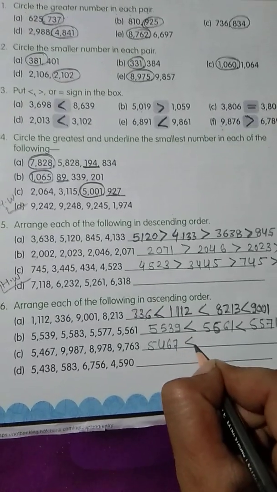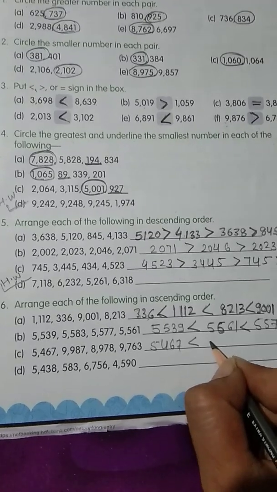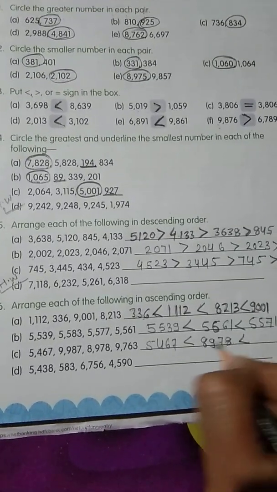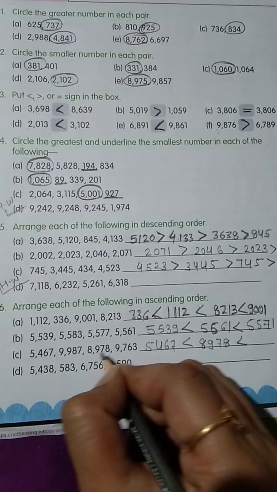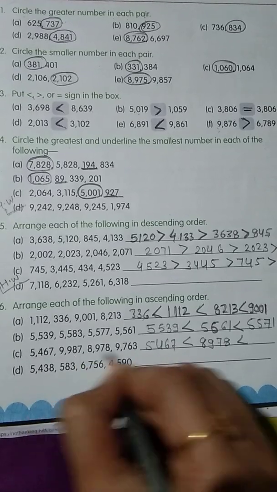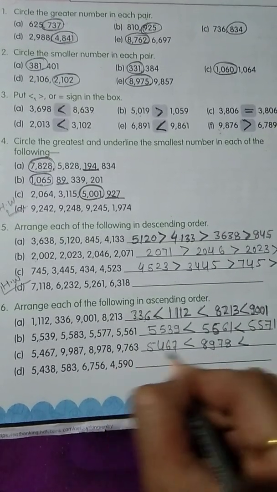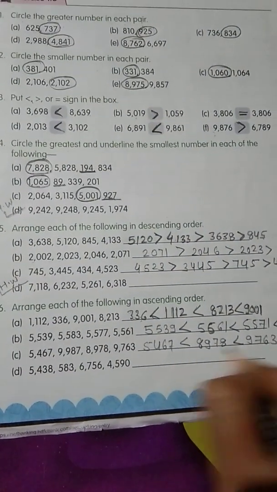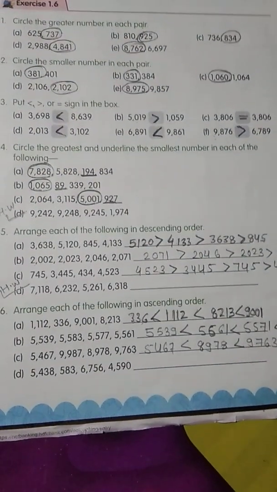After then 800, 978. Okay, after then tell me, this one or this one. Everyone tell me. So 9763. After then 9987.